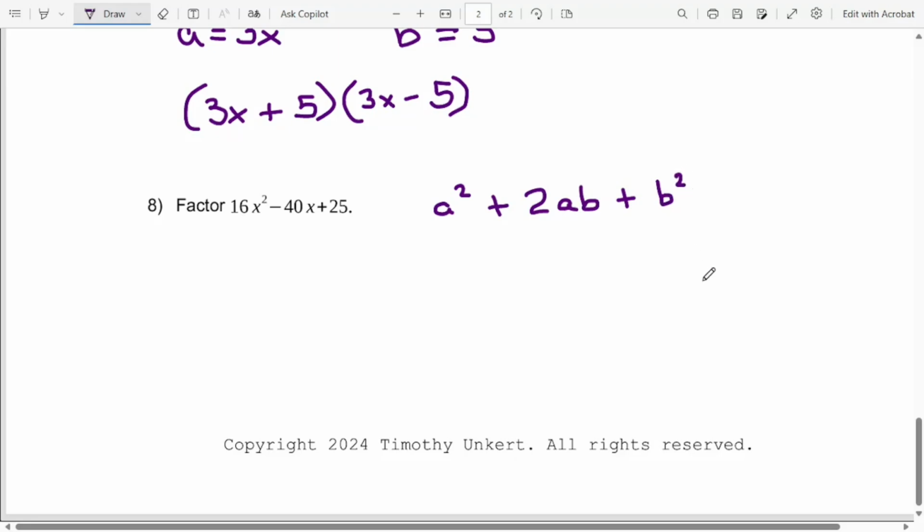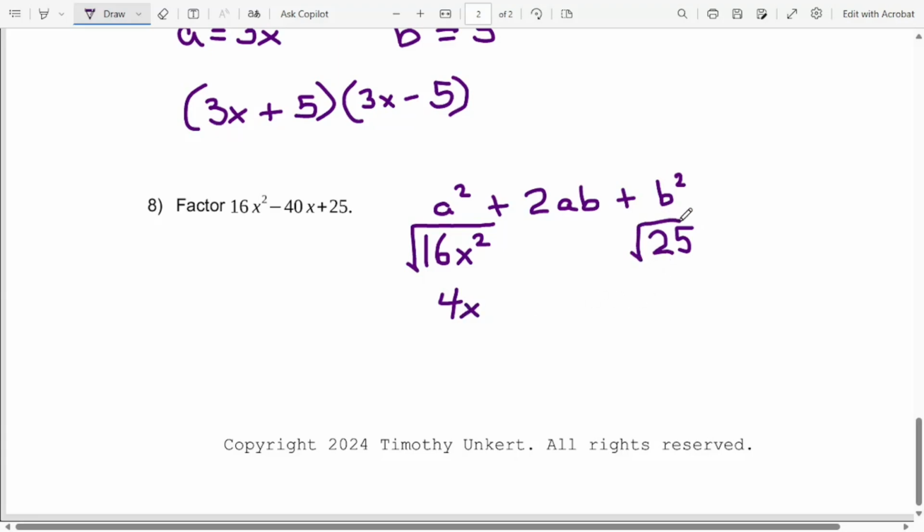So a squared is going to be 16x squared. b squared is going to be 25. Note that we have a minus 40x here, so we're going to take the negative square root of 25. If I want to figure out what a is, I take the square root of 16x squared, I'm going to get 4x.